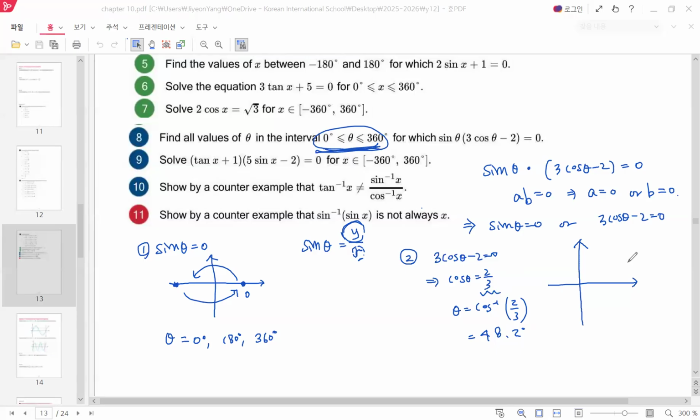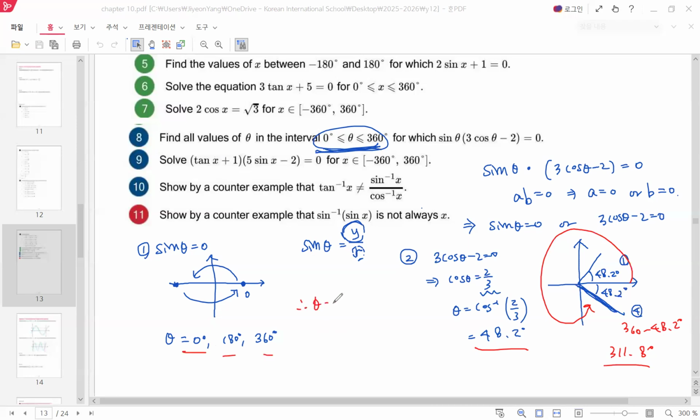So it means the first quadrant and the fourth quadrant. You need to find the fourth quadrant angle of this line, right? Then you need to read this angle by anti-clockwise direction, which is 360 minus 48.2 degrees, which is 311.8 degrees.